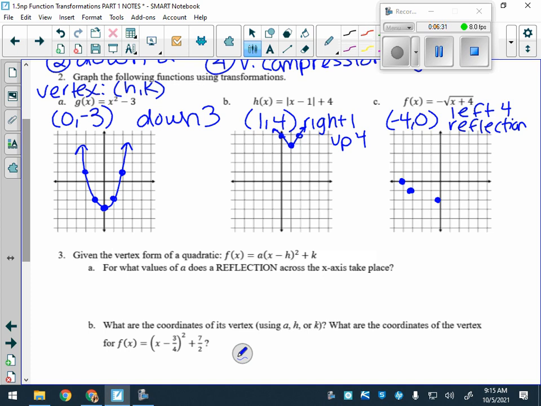Negative 2. Okay, so your goal for square roots is you want the number inside to be a perfect square once you add x values in. Okay, you want to make it a perfect square. Okay, so this is our square root. It's reflected, and it moves to the left 4. Okay, yes?